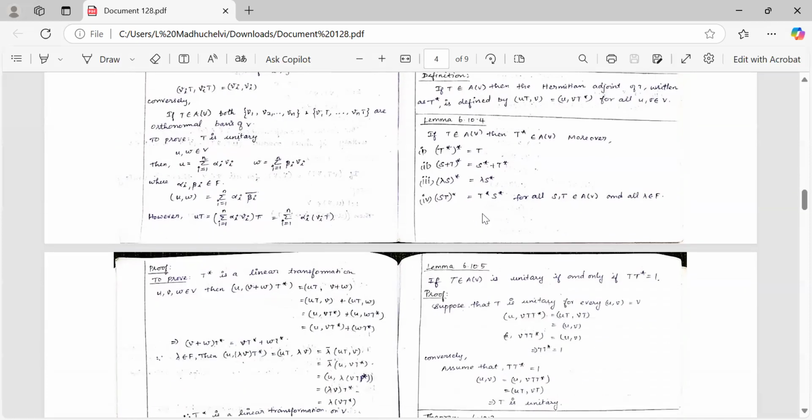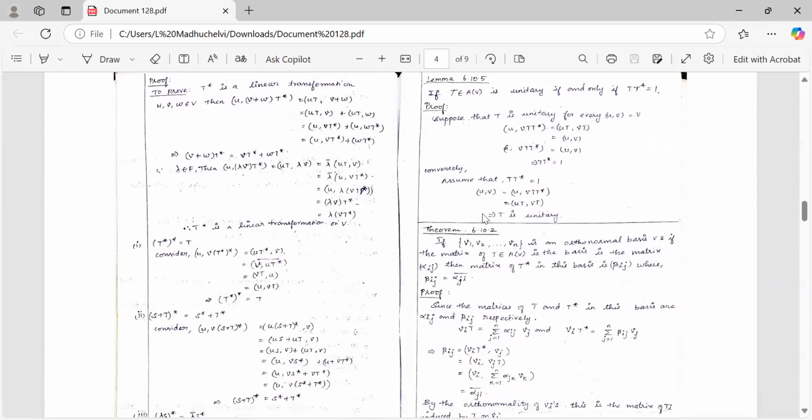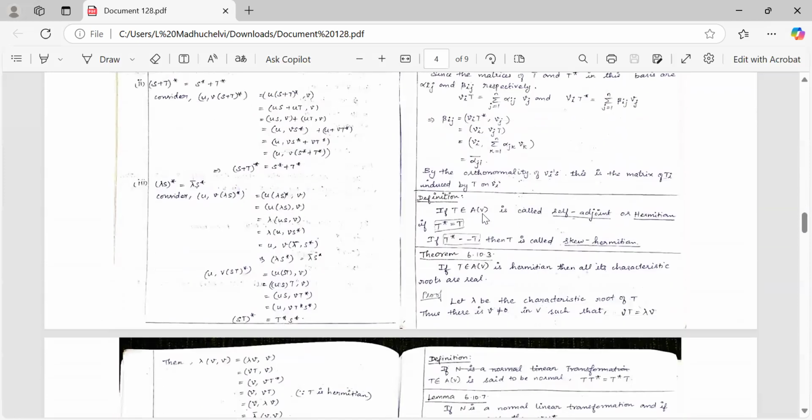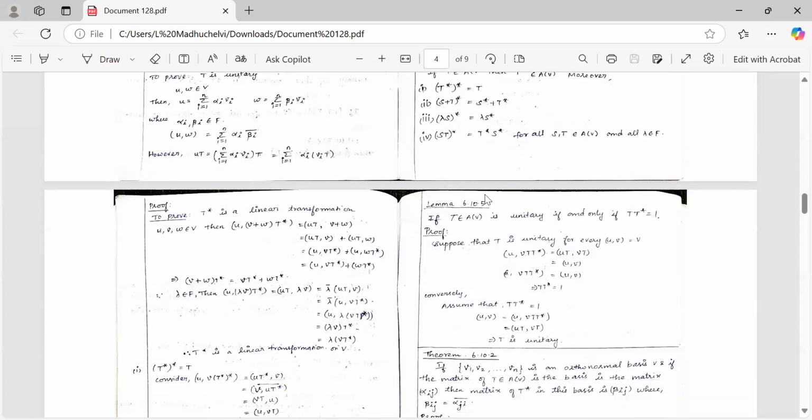This proof is very straightforward and easy to understand. So we can go to the next lemma. If T belongs to A(E), T is unitary if and only if T star T equal to 1. Let us see the proof. Suppose that T is unitary.